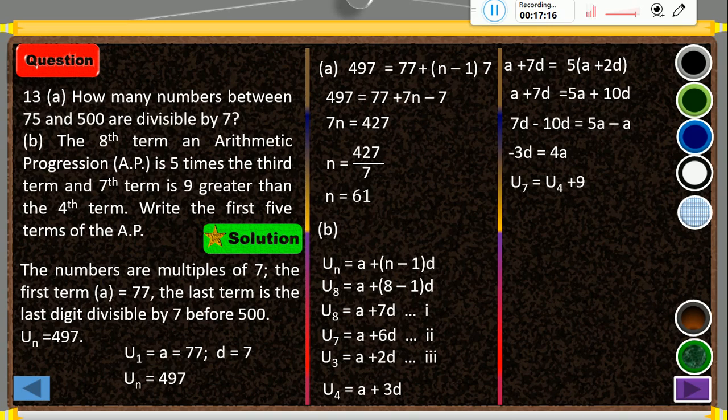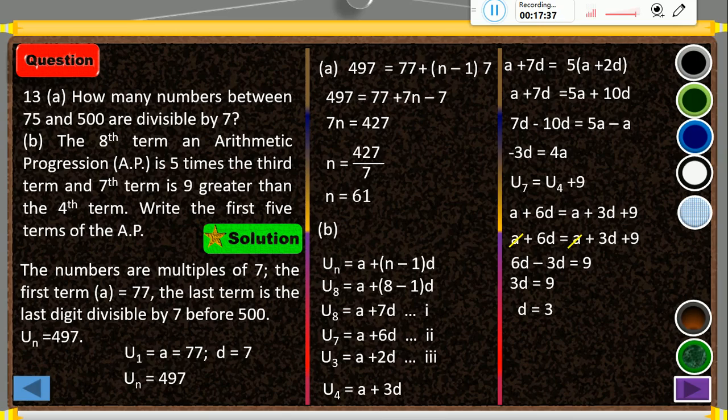The 7th term is equal to the 4th term plus 9. Putting in the values and simplifying, we arrive at 6d minus 3d is equal to 9. 3d is equal to 9. Therefore, d is equal to 3.